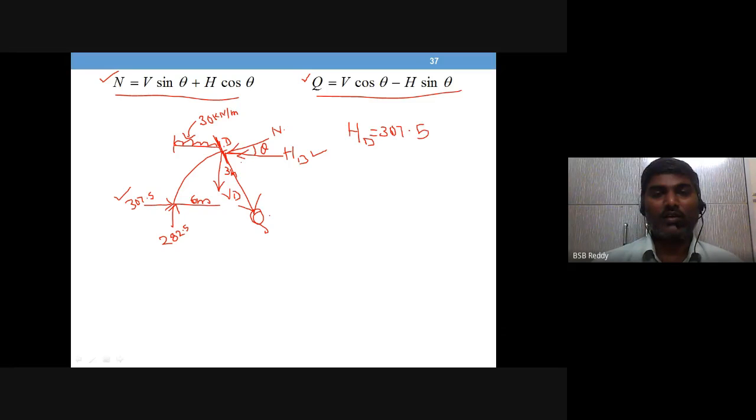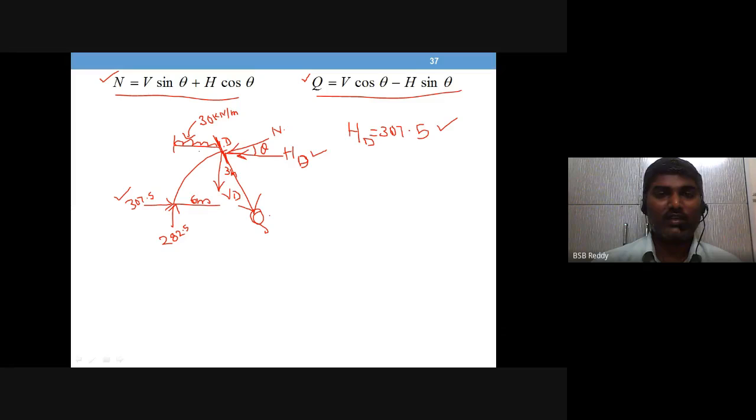We have learned in the introduction itself that horizontal reaction is the same everywhere. So even at A or at D or at C or at B, anywhere in the arch, H is constant. So whether it is HD or something, H is constant. Right, now calculate V value.